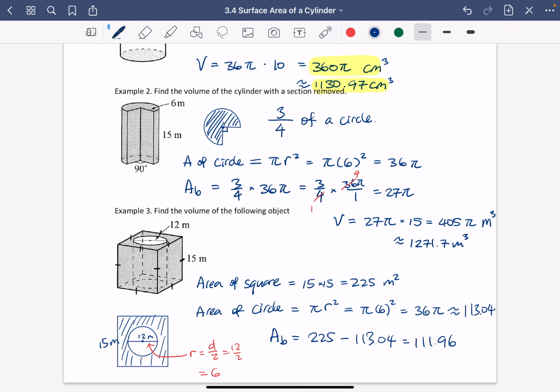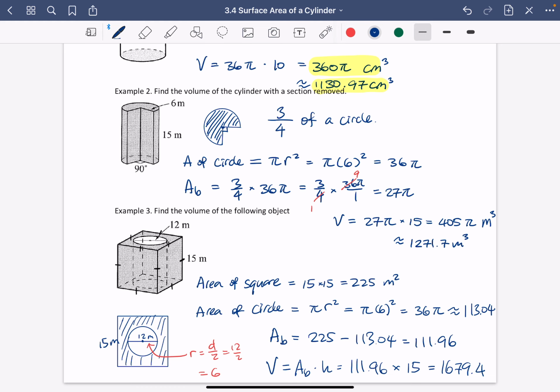And now, we're not looking for the area, we're looking for the volume. Volume is area of the base times by height. And the area of the base is 111.96 times by height. Height is 15. So my final answer then will be 1,679.4.